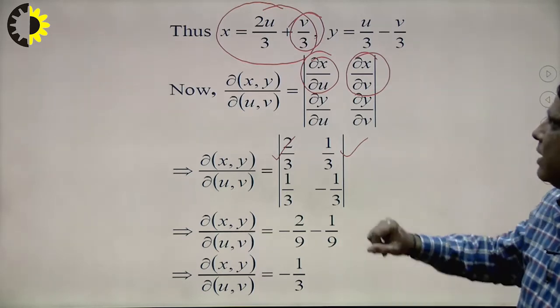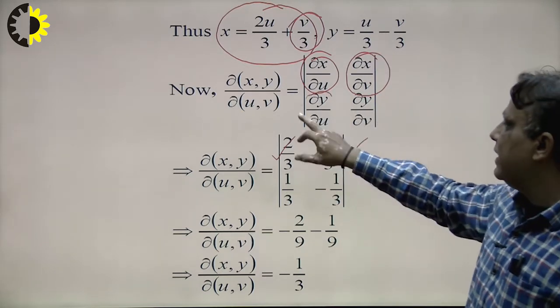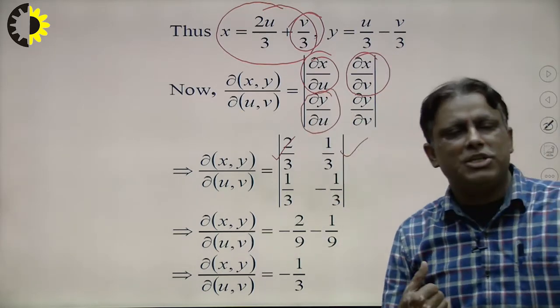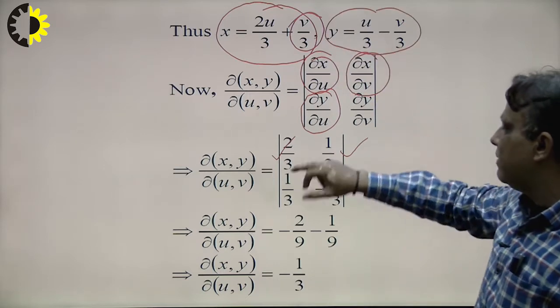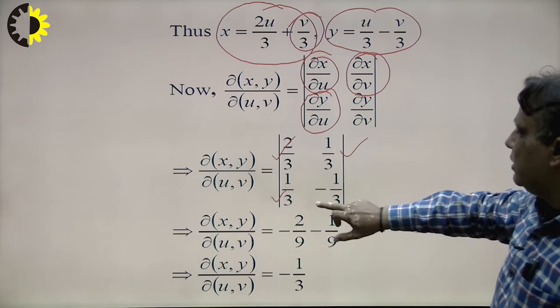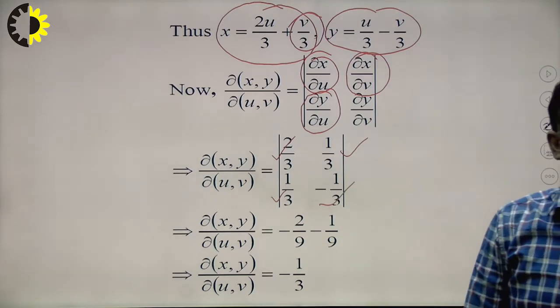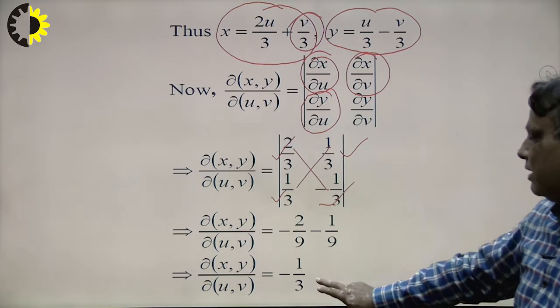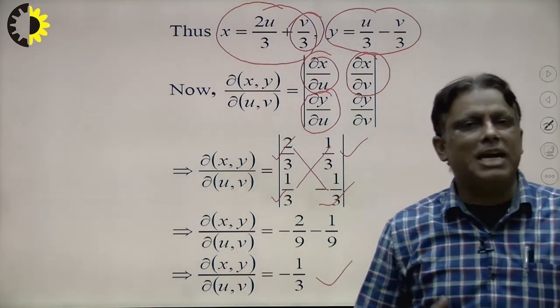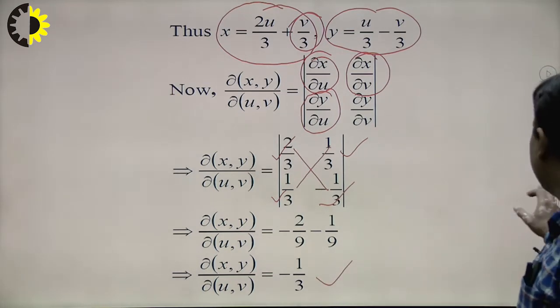In the same way, del y over del u, that means differentiate y partially with respect to u, so that is 1 by 3, and with respect to v, 1 by 3. So cross multiply this minus cross multiply this, and the answer will be minus 1 by 3. So the Jacobian in this case will be minus 1 by 3.